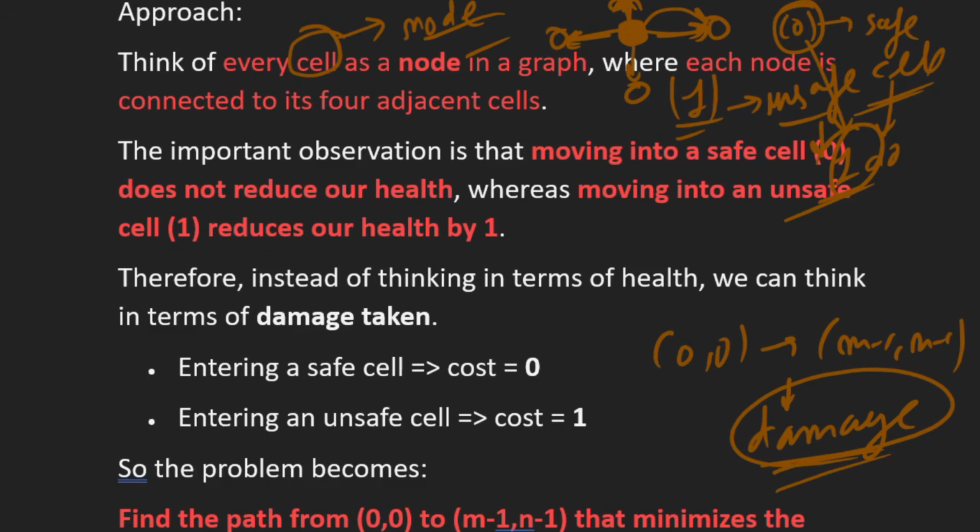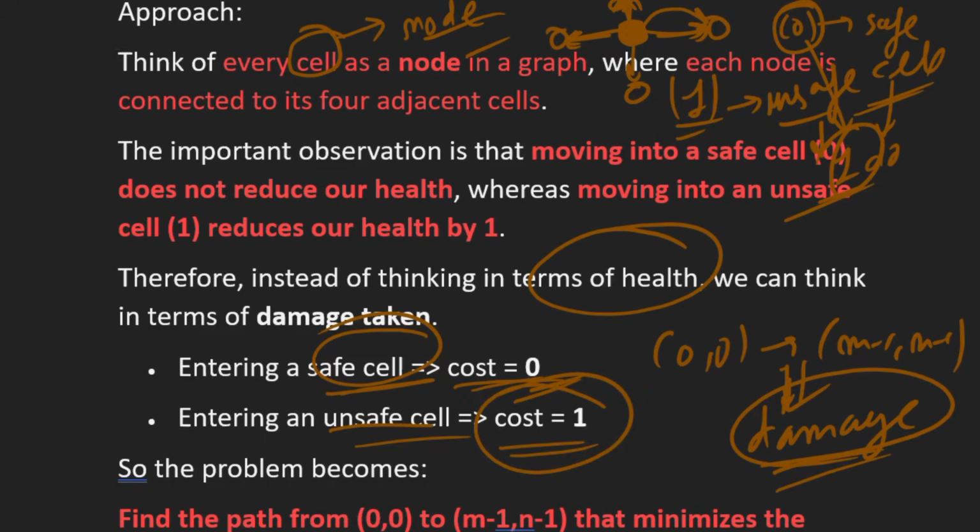So we have changed our thinking point. Earlier we were thinking how much health is remaining, but now we are thinking how much damage has been done to us. So when we enter a safe cell, the damage is 0. But when we enter an unsafe cell, the damage done to us will be 1.